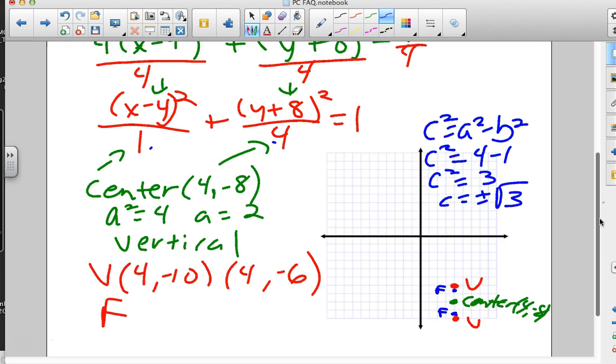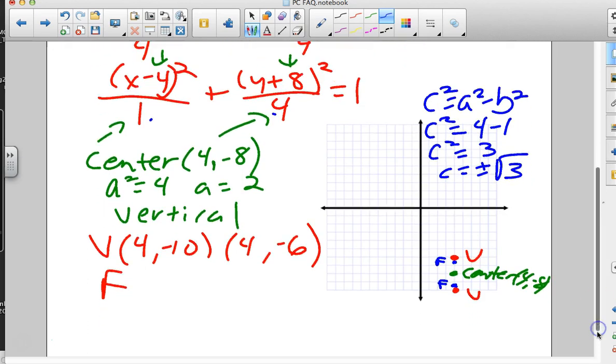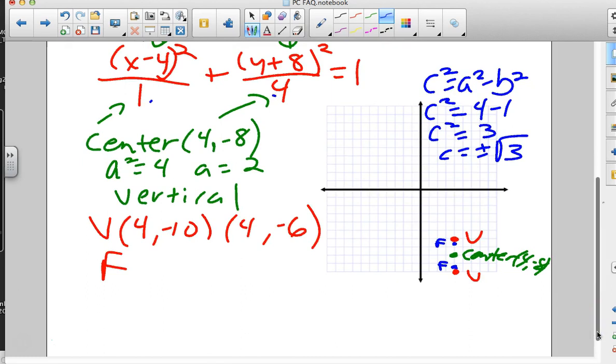But we want that exact. And just like the vertices, we know that that's the y that we're making changes to. So here's the original y, and we need to add and subtract the square root of 3. So 4, -8, plus or minus the square root of 3. Let's see, anything else we needed for this bugger?